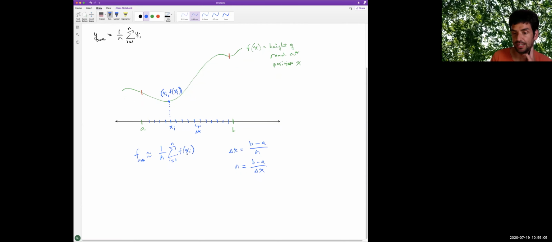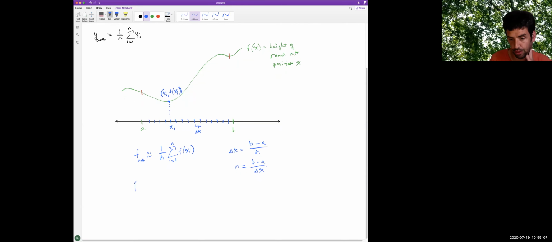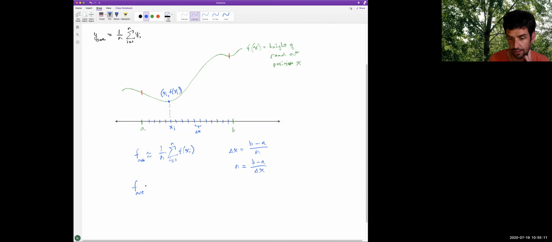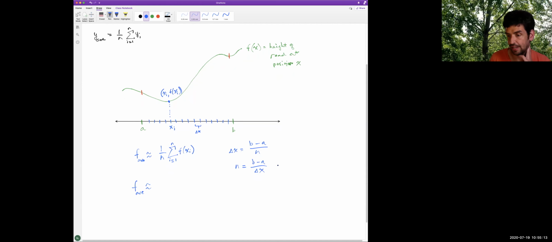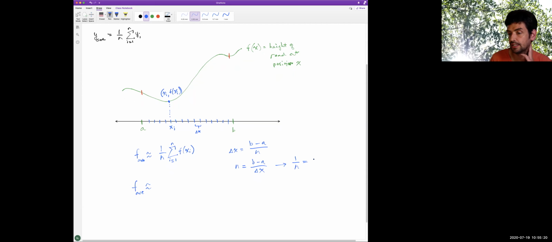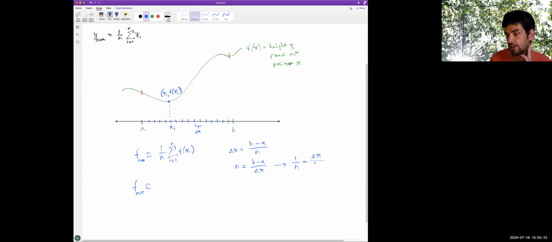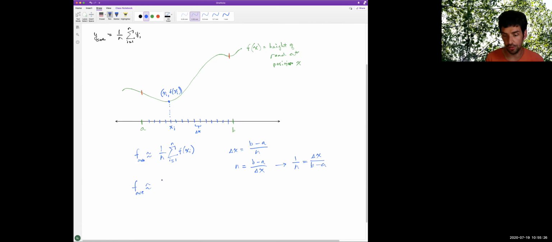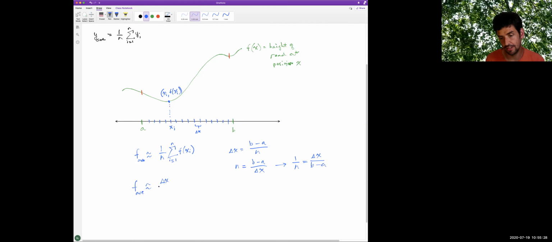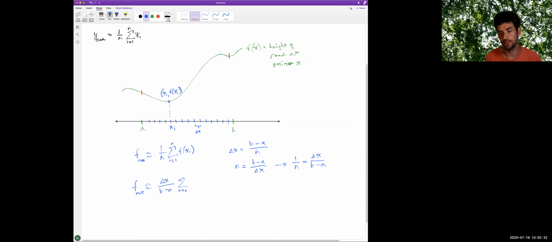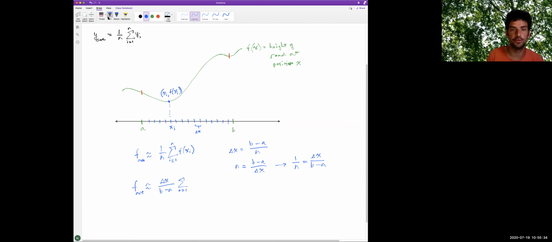Well, I can put that expression into this formula for the average function that I have. Let's take this one step farther. If n is b minus a over delta x, then 1 over n is equal to delta x over b minus a, just taking the reciprocal. So this 1 over n becomes delta x over b minus a, sum from i equals 1 to infinity.